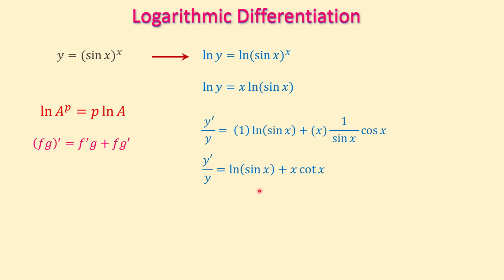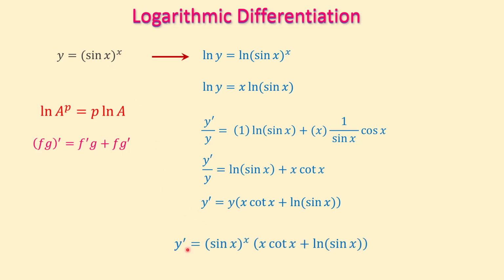And for the right side, we have y times x cotangent of x plus ln of sine of x. And remember that y is sine of x to the power of x. So we can rewrite our final answer in the form of sine of x to the power of x, the original function, times x cotangent x plus ln of sine of x.